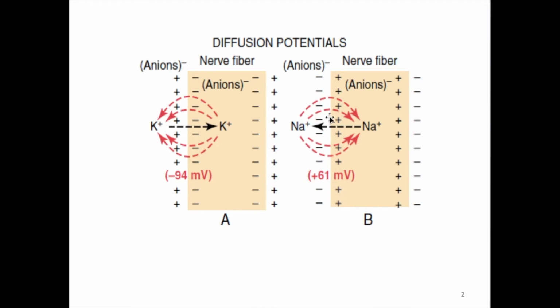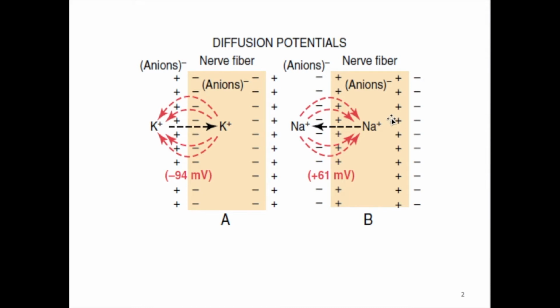And in case of sodium, when it becomes around plus 61 millivolts, only then this transport of sodium ion from the outside to the inside will stop. Otherwise, the sodium ion will keep trying to diffuse from the outside to the inside.